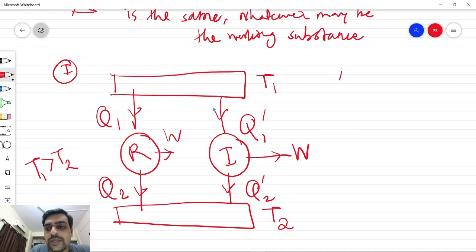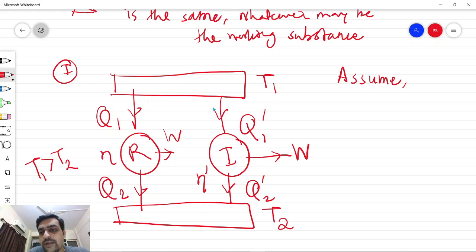Now we are going to assume the converse of this statement, that is the efficiency eta dash of this engine when compared with the efficiency eta of the reversible engine. We are going to assume that eta dash is greater than eta. So this is in contradiction with the statement, and that's what we are going to prove.